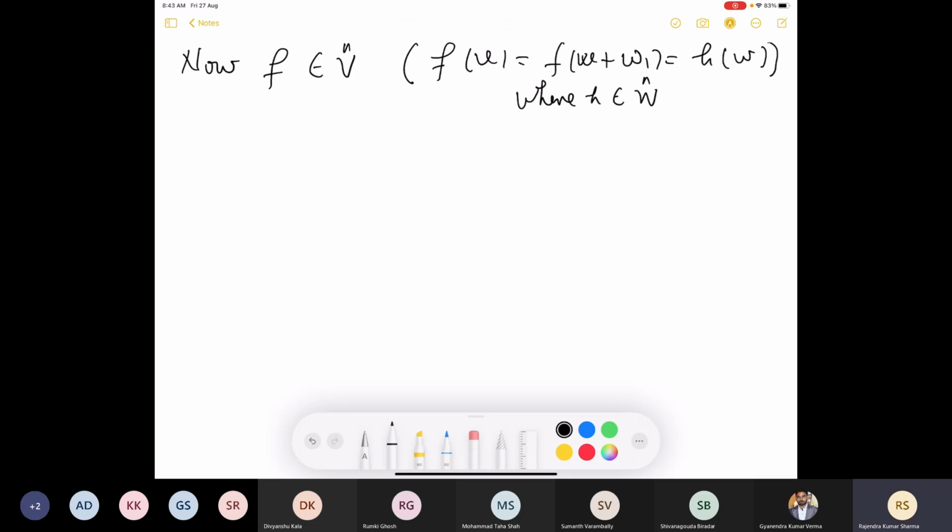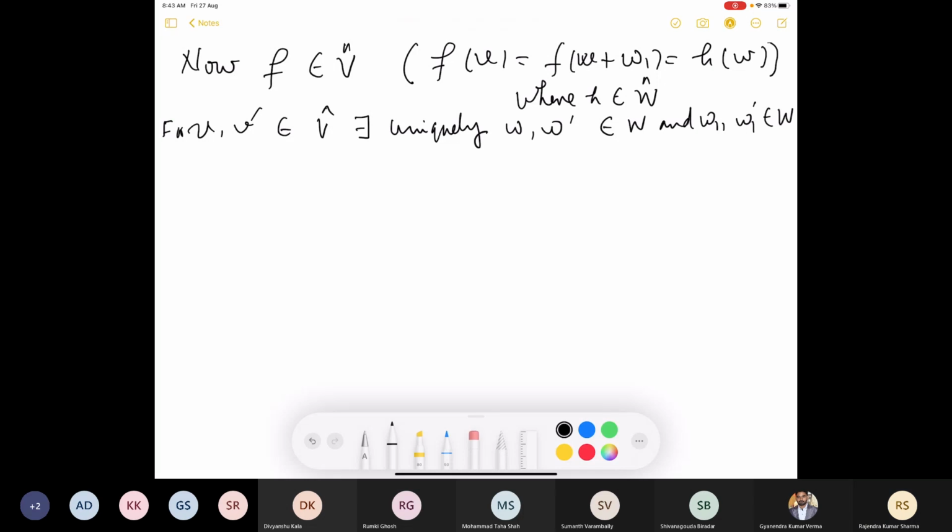Suppose v and v prime belong to V. Then there exist uniquely w and w prime in W and w1 and w1 prime in W1 such that v is w plus w1, and v prime is w prime plus w1 prime.